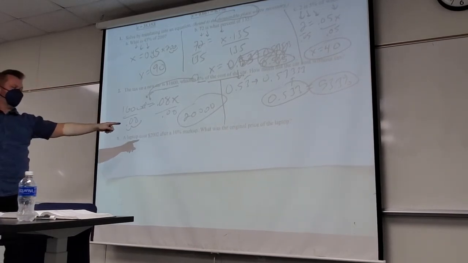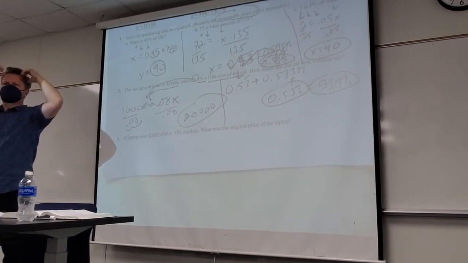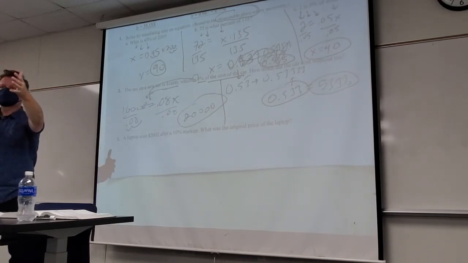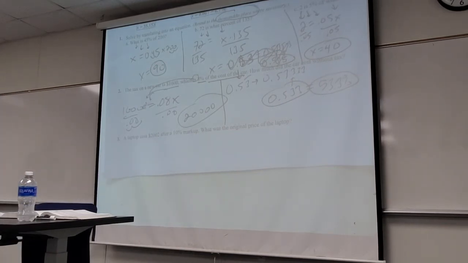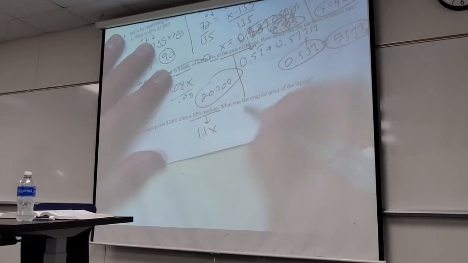So if I increase it by 10%, what percentage is left after that? You can do it. 110%. Which is what as a decimal? 1.1. So a 10% markup would be 1.1 times the original.